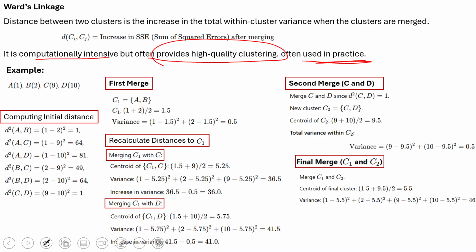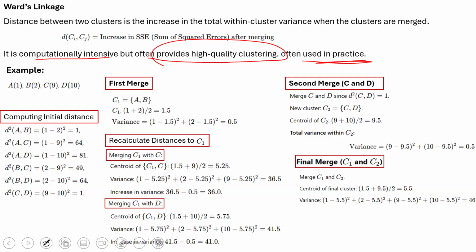What is within cluster variance? The distance between the points within the cluster is called within cluster variance. And the clusters are merged. Distance between clusters is the increase in the total within cluster variance. Okay, let's see an example for you to understand this better.